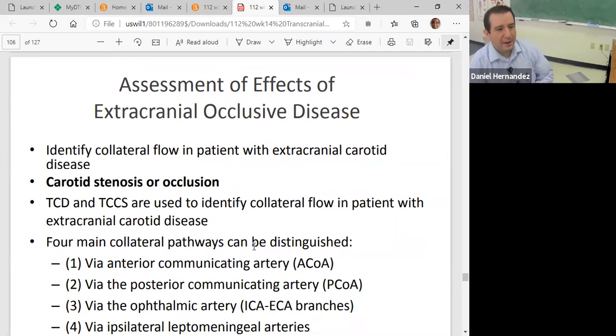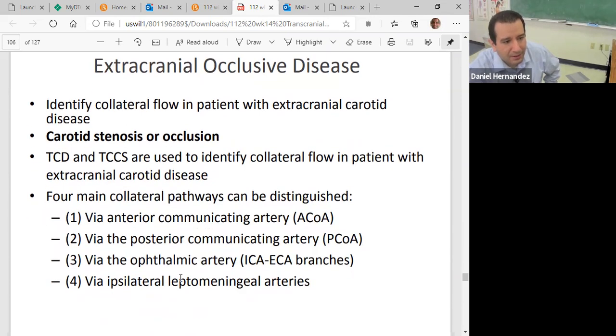So our four main collateral flow pathways can be distinguished. We're going to have our collateral flow pathways via the anterior communicating arteries, via the posterior communicating arteries, via the ophthalmic artery from our branches of the ECA, so that's our ECA-ICA connection.